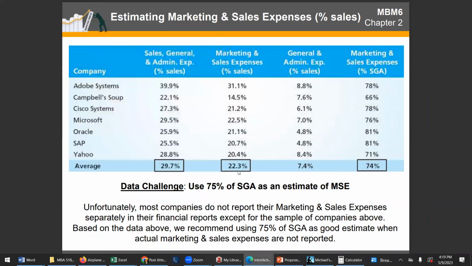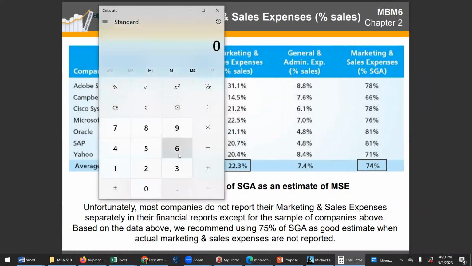All right, so I'm going to divide 22.3 into 29.7. 22.3 divided by 29.7. Okay, so it's close, right? So 74-75%.